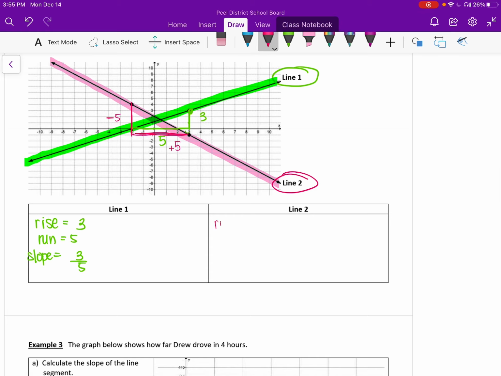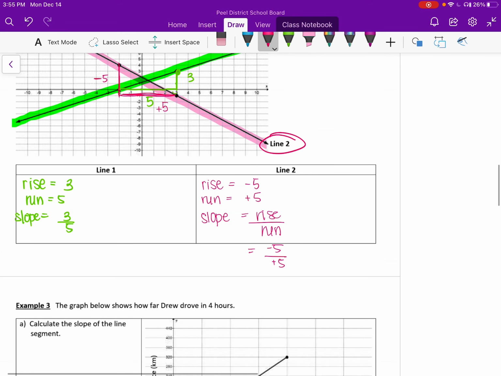So my rise is actually a negative number, so it's -5. And my run is still positive, so I'm going to leave it as +5. So my slope will be rise over run, which will give me -5 over +5. 5 divided by 5 is just 1. Negative divided by a positive is a negative. So I know my slope is -1.